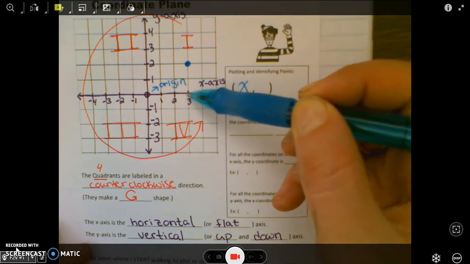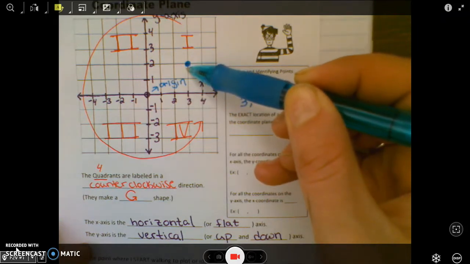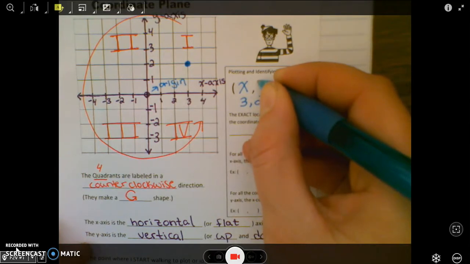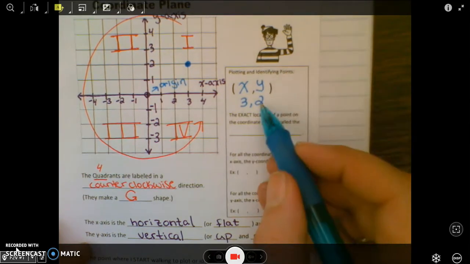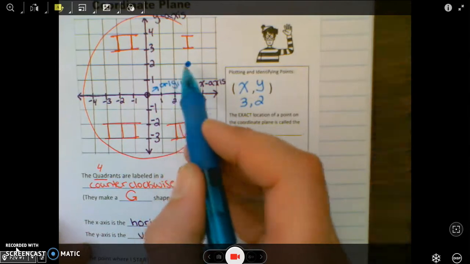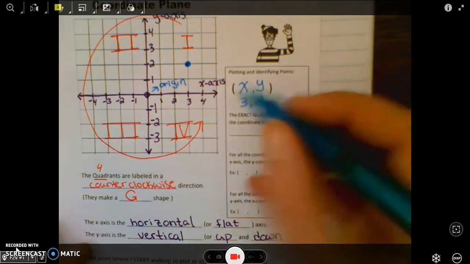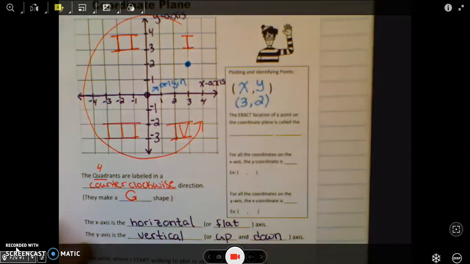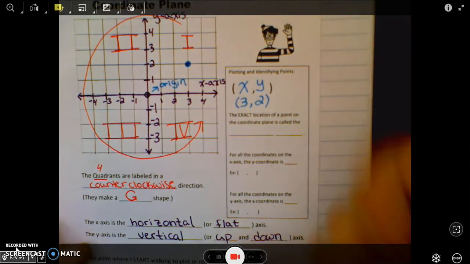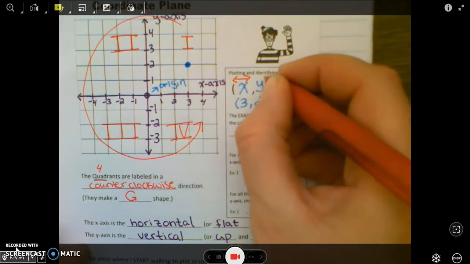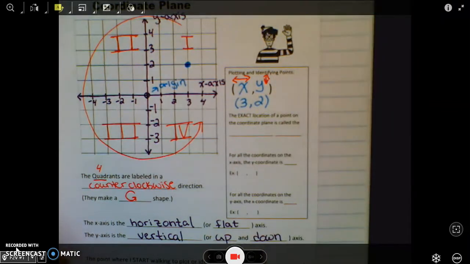I'm having to go up, and I'm going up 1, 2 spaces. So my y-coordinate, or how far up on my y-axis that point lines up with, is a positive 2. So my x-coordinate tells me how far left or right, and my y-coordinate tells me how far up or down I go.